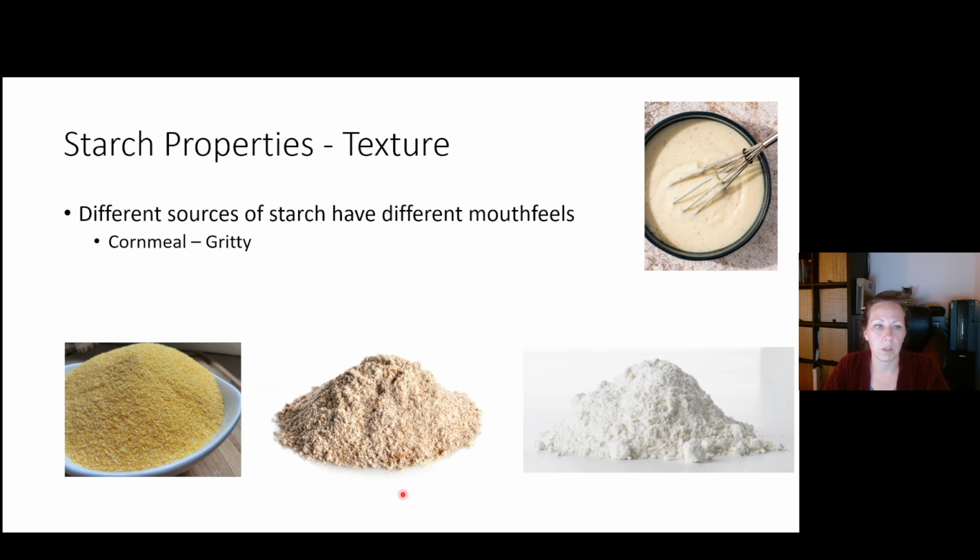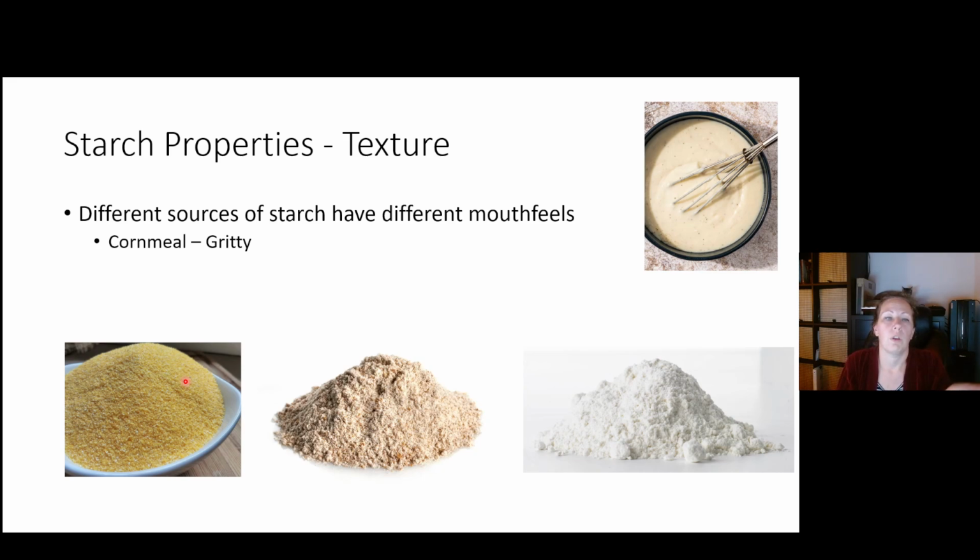So cornmeal, I'm sure most of you have touched or even had cornmeal in your mouth if you've tried to lick the bowl after you or your mom made cornbread. It has a gritty texture, and that doesn't go away with being mixed in a liquid solution.